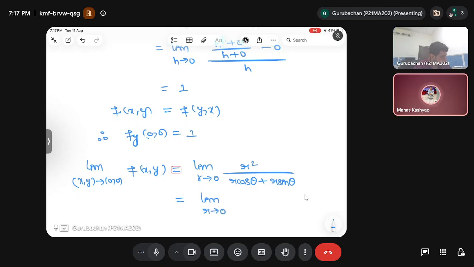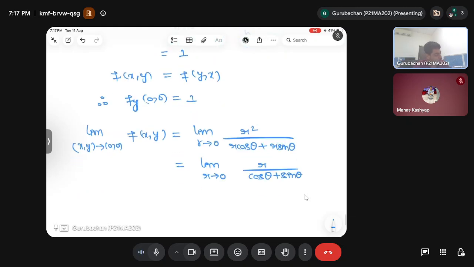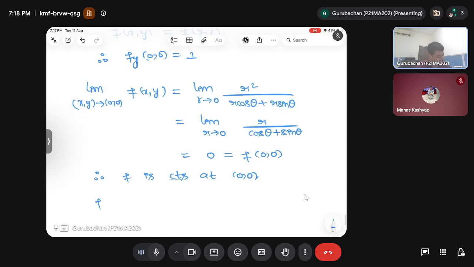So this will give you r times (cos theta plus sin theta). As r tends to 0, obviously this quantity will tend to 0. This is nothing but f of (0, 0). Therefore f is continuous at (0, 0).